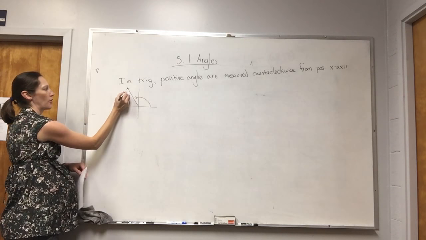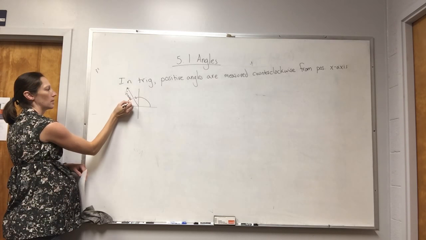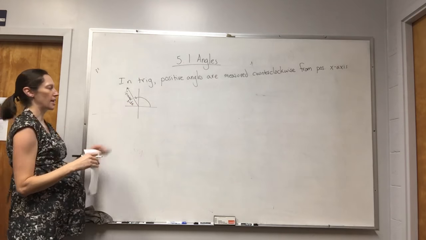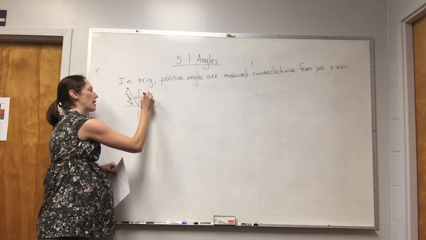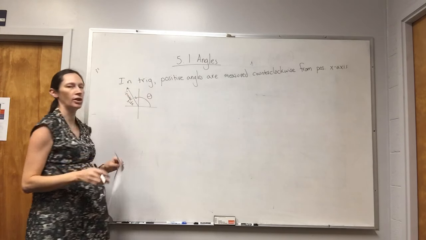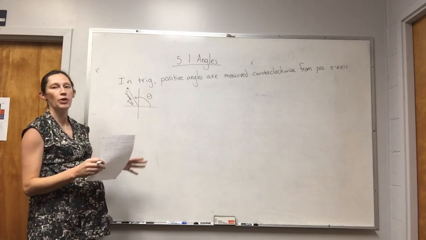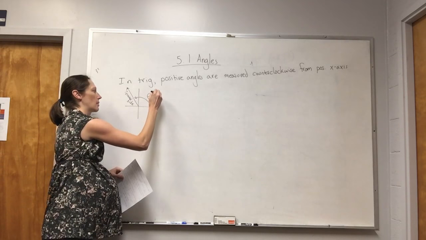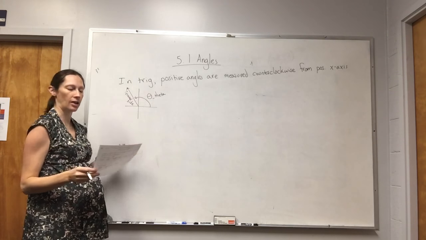The stopping point is called the terminal side, and the x-axis is really called the initial side. So where it initiates, where it terminates. And we will most often call an angle referenced by a Greek letter. So this is Greek letter theta. So there's a positive angle theta.